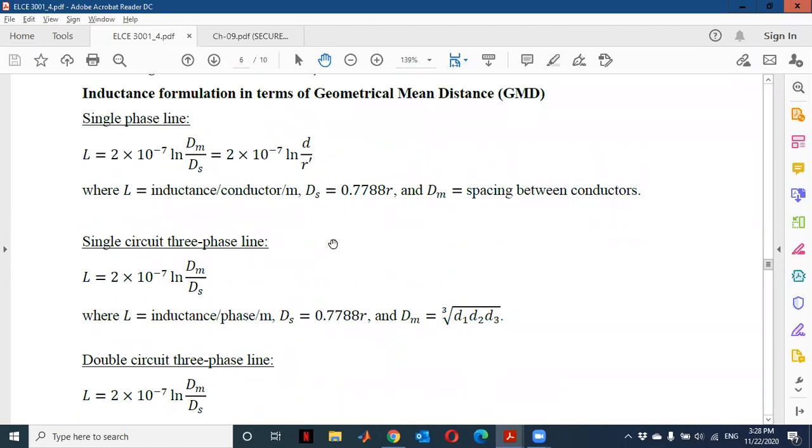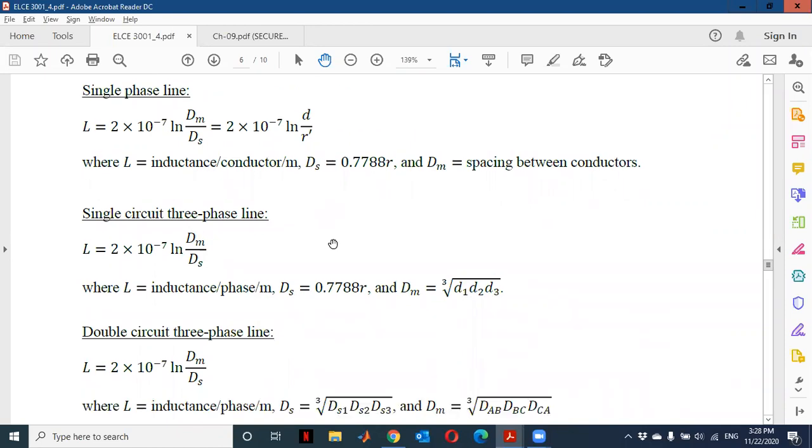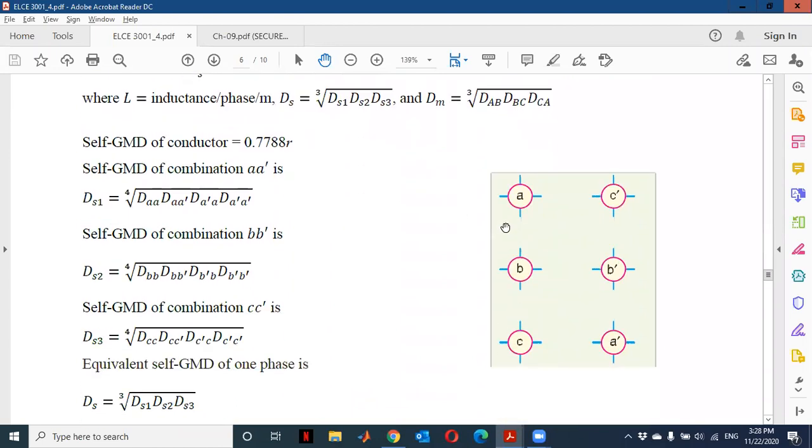Until now, everything is pretty much the same, but if we have a double circuit 3-phase line, like this one, we have circuit 1 and circuit 2.